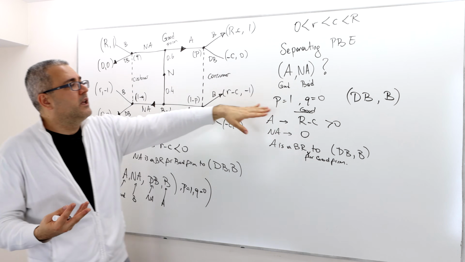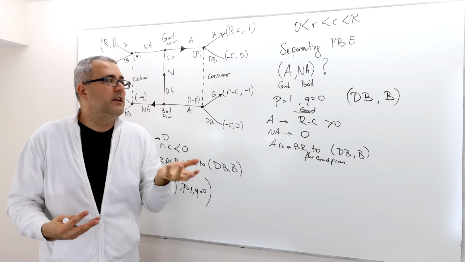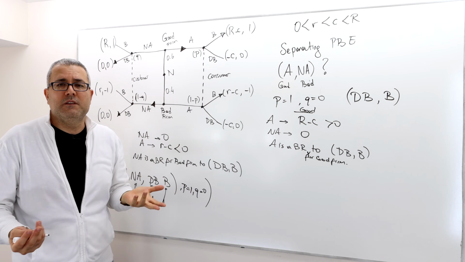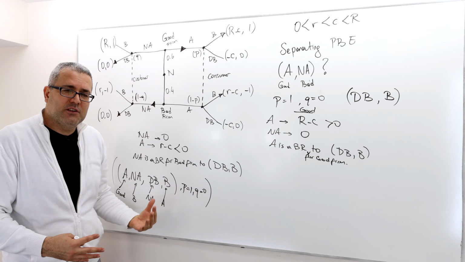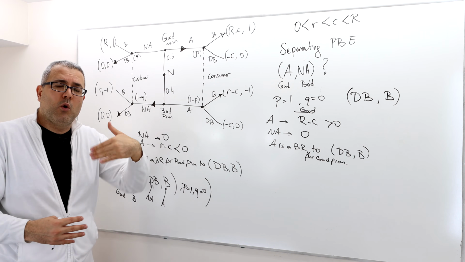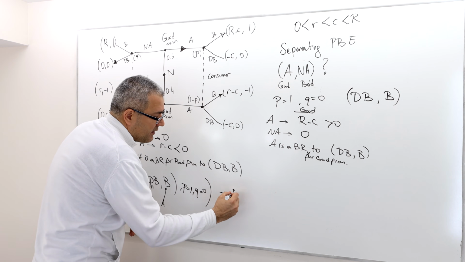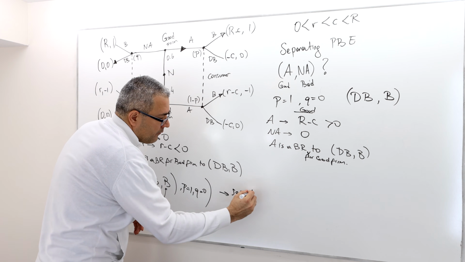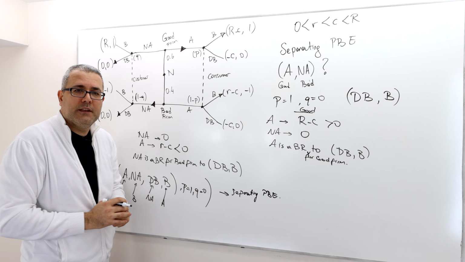And we initially already calculated these updated beliefs. P must be 1, Q must be 0. So this strategy profile and the belief structure satisfy requirements 1, 2, 3, and 4. And hence, this is a separating perfect Bayesian equilibrium. That's it.